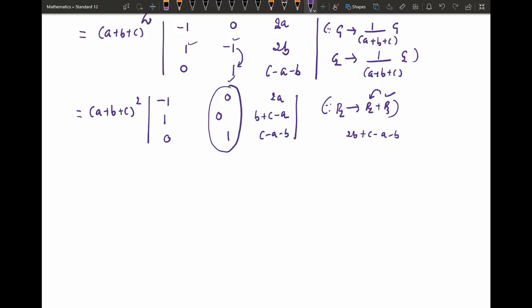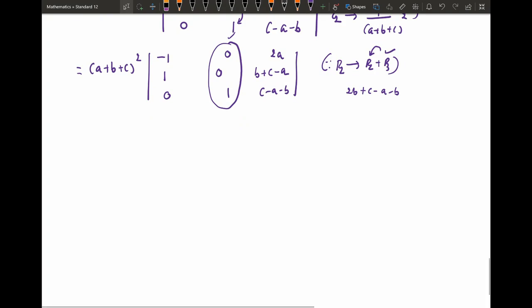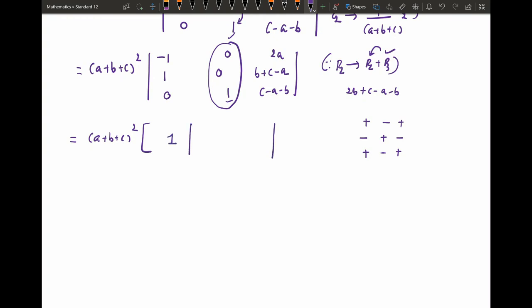And when you expand using second column, you have to follow these rules: plus minus plus, minus plus minus, plus minus plus. So expansion it will be A plus B plus C whole square. Now 1 into 2 by 2 determinant, but which sign you have to take? This sign, since expansion is using second column, so outside there will be minus, we have to give minus sign.